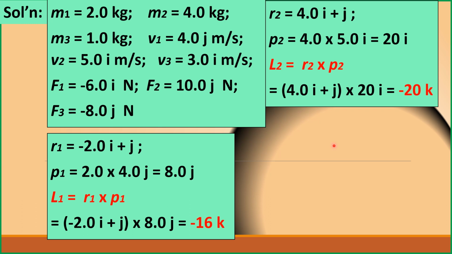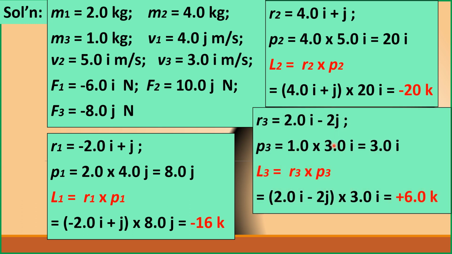Finally, for our particle 3, whose position vector r3 equals 2.0i minus 2j, its linear momentum p3 is just equal to the product of its mass, which is 1.0 kilogram, and its instantaneous velocity, v3, equal to 3.0i meters per second, and we will get the value of its linear momentum equal to 3.0i.